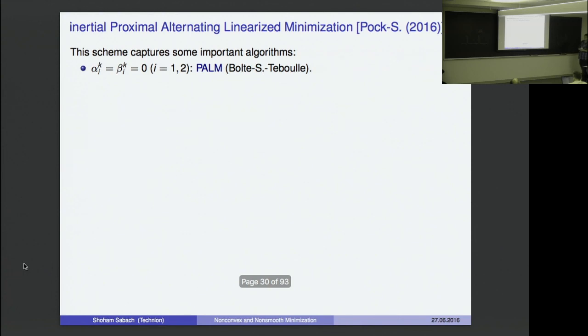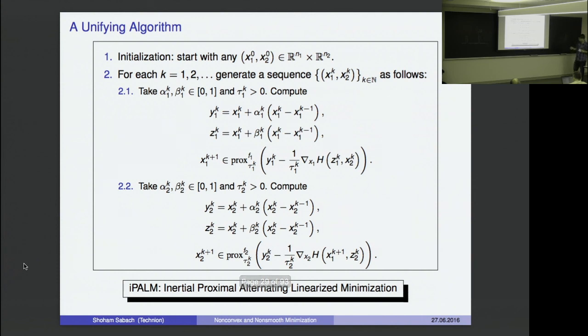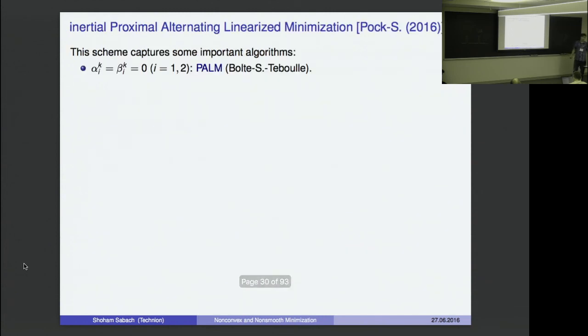So indeed, this algorithm generalizes in some sense a few other known algorithms. First of all, if you take both inertial parameters to be 0, which means that instead of y and z you just write x1 or x2, depending on the block, then you recover the PALM algorithm, which was developed in the same paper where we developed the general framework with Shoham and Marc.